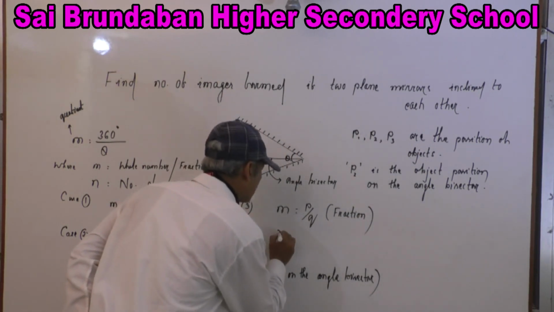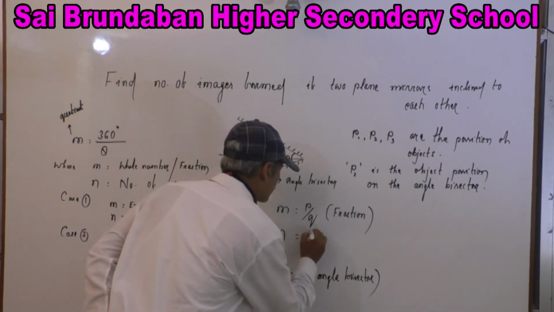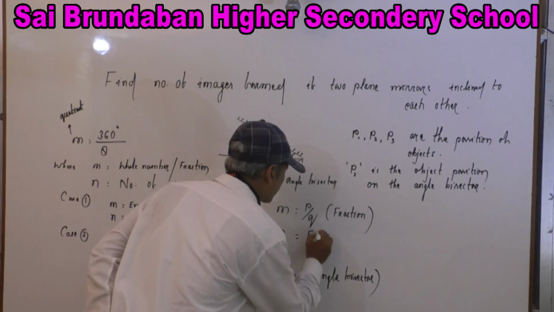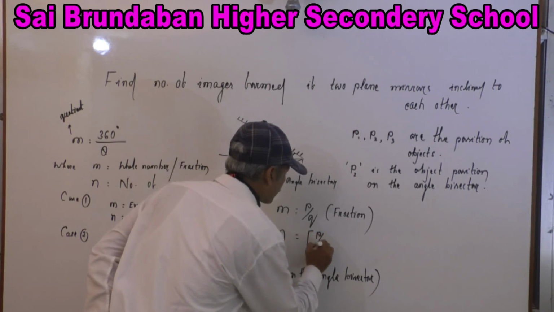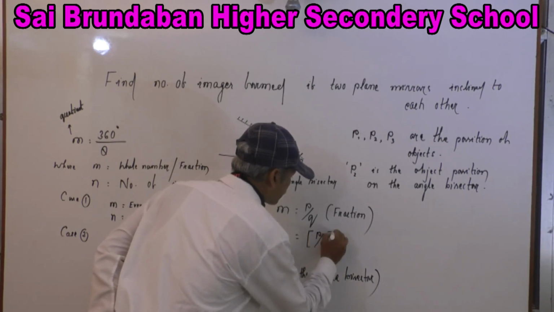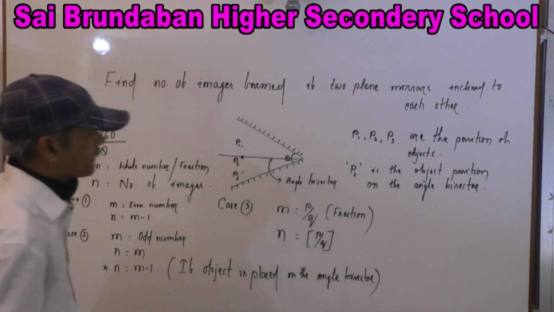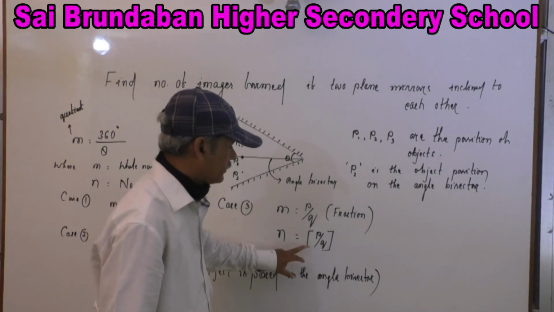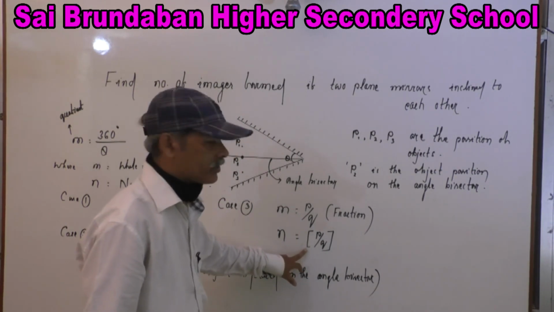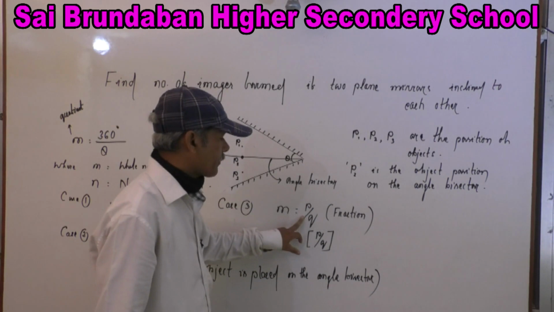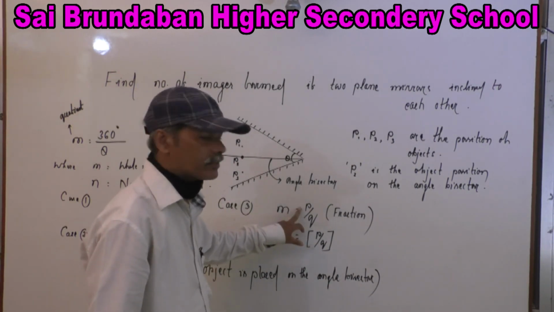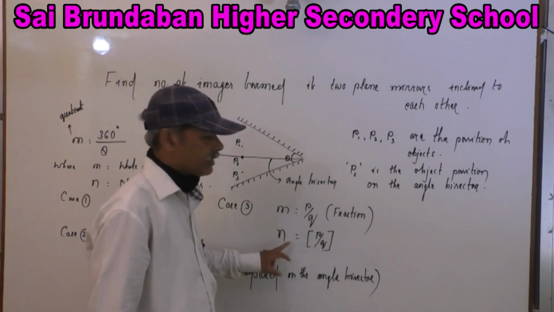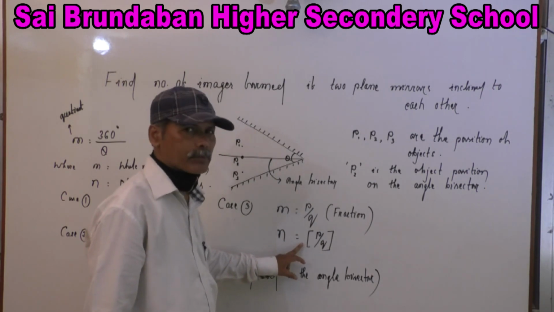Then the number of images N is equal to the bracket of P by Q. This bracket is the greatest integer function. If it comes in terms of a fraction, then N is equal to the bracket of P by Q.